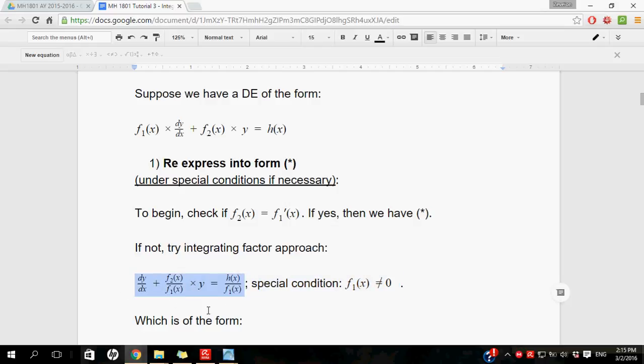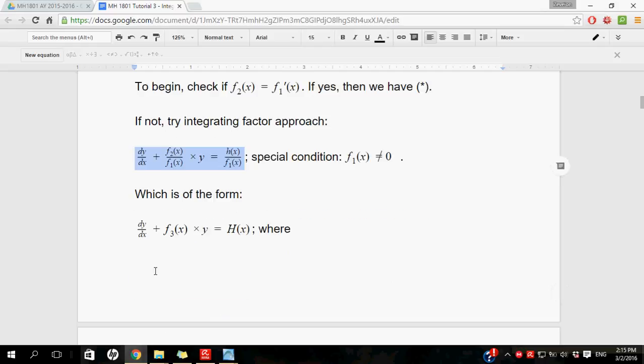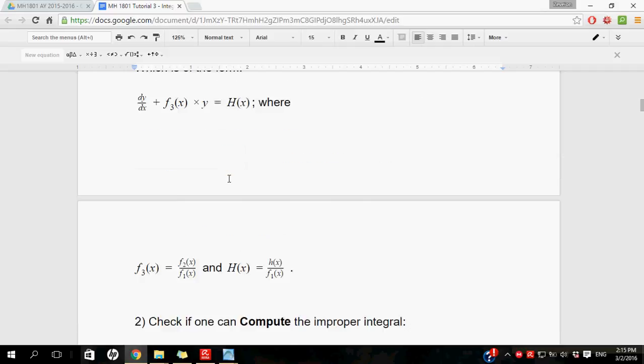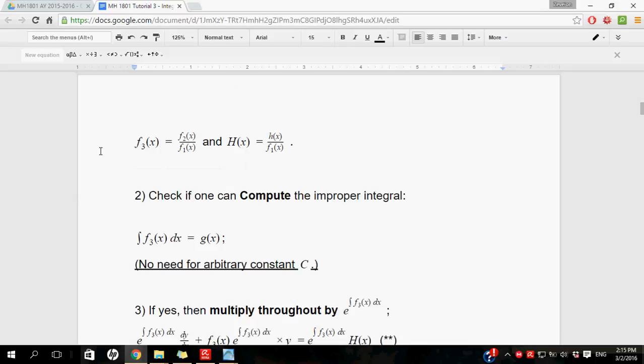So we will get this expression. This is of the form dy dx plus a function in terms of x, f3, and h of x, yet another function in terms of x. So this is what we have.